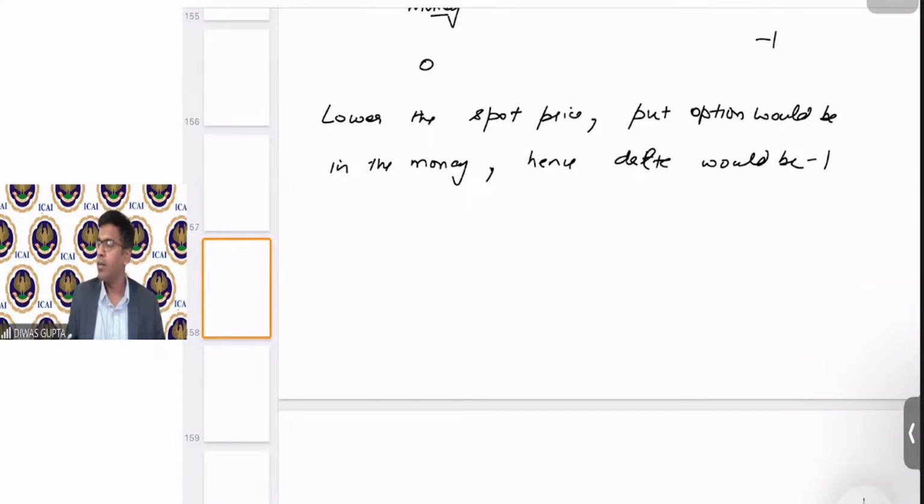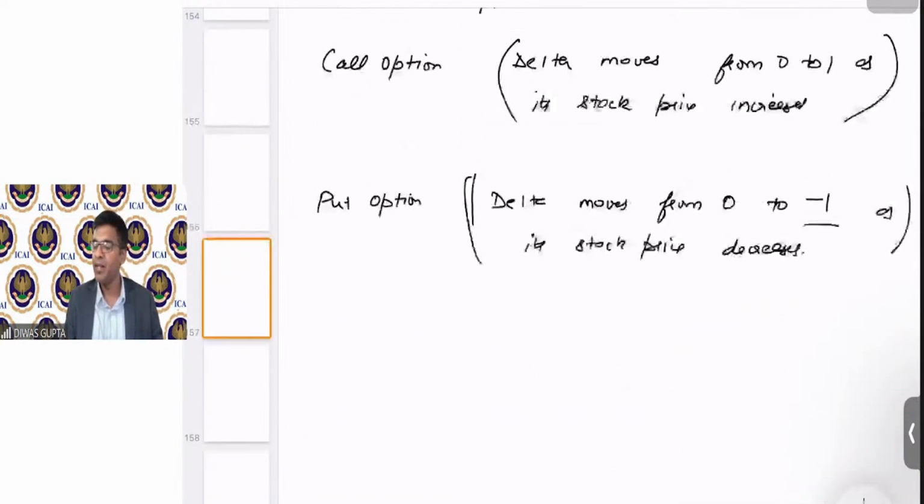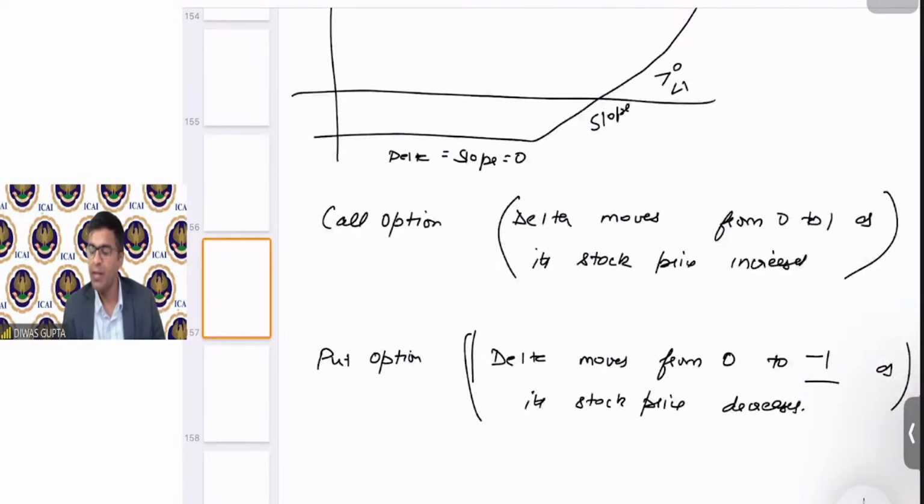Okay. -1. Why -1? Okay. See, Namrata, we said that -1. So delta of put option is -1. Correct, Namrata? We discussed that. If delta of call option is +1, delta of put option is -1. So it will move from 0 to -1, not 0 to 1.